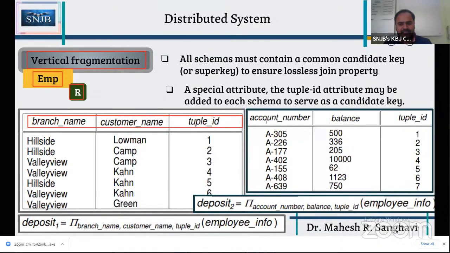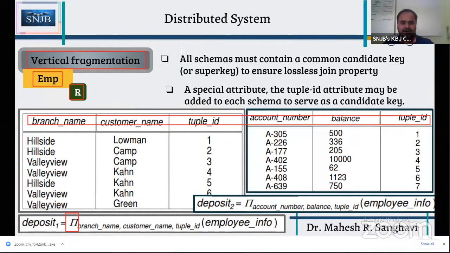These are also the fields of R, and this R is divided into R1 and R2. The relational algebra operation here is pi, meaning projection. Projection divides the columns, and selection divides the rows. So you need to understand that.